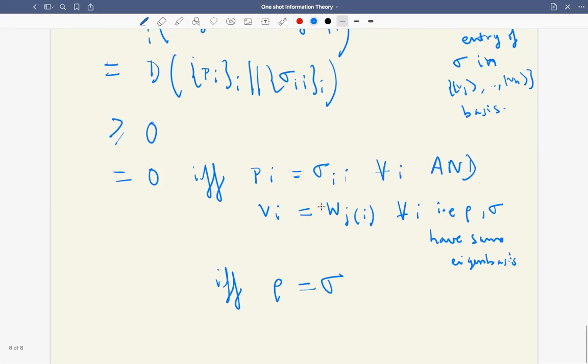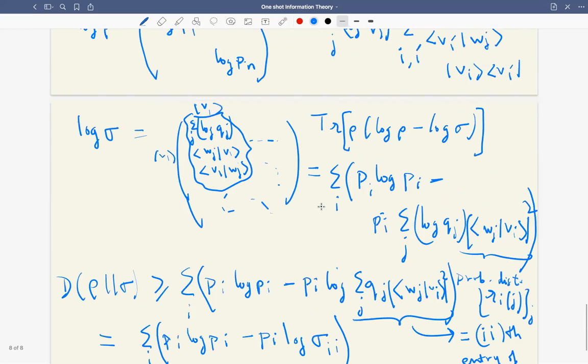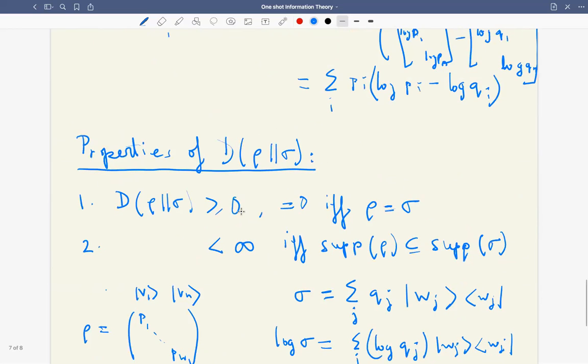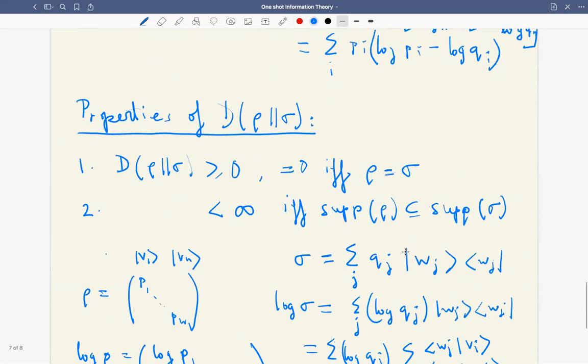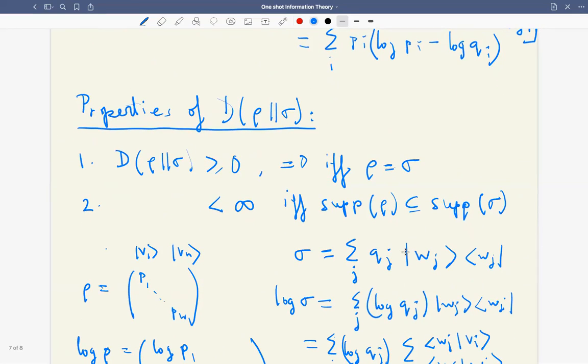Okay, so let's go back. We have proved property one. Now let us prove property two. The relative entropy is finite if and only if the support of rho is contained in the support of sigma. Remember, the support of a density matrix, or in general of a Hermitian operator, is basically the vector space spanned by the eigenvectors with non-zero eigenvalues.